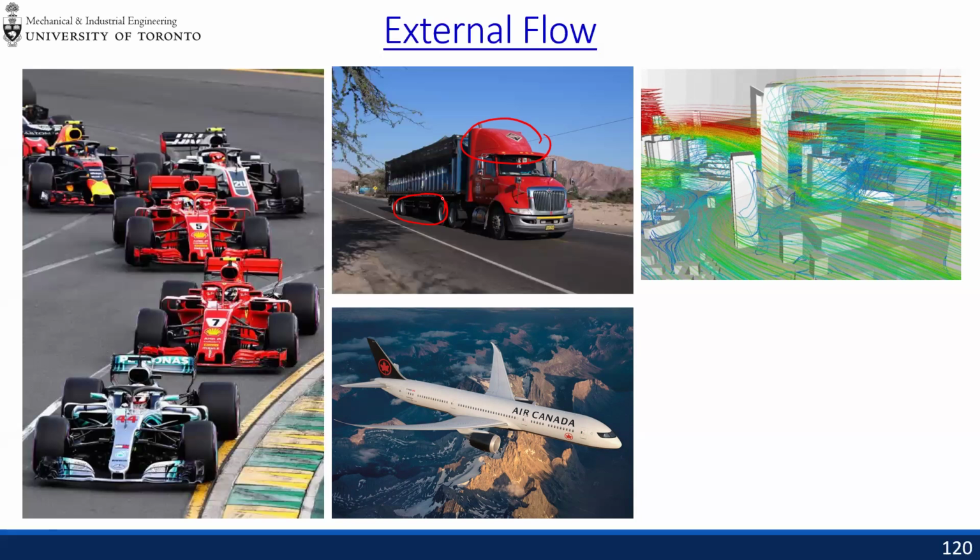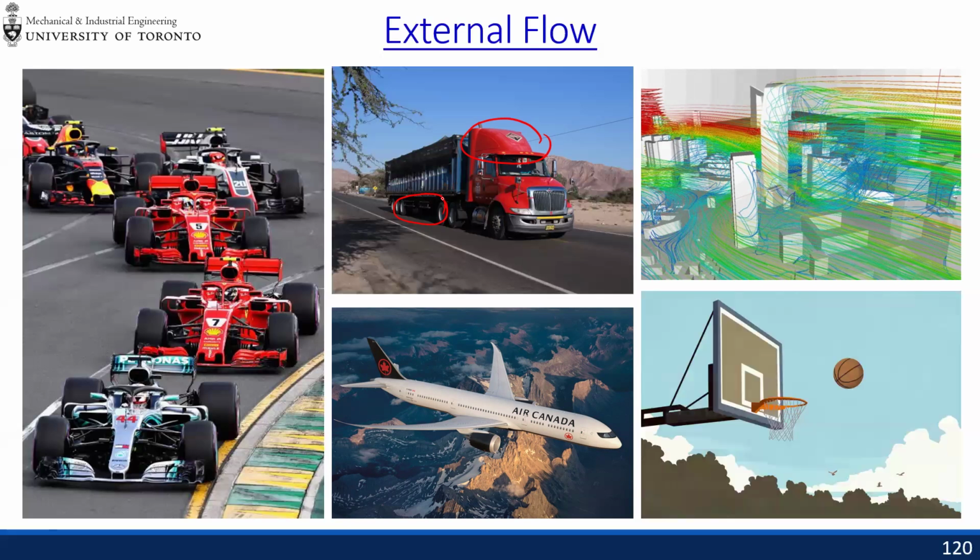You have quite complicated boundary layers because of these very three-dimensional objects, which interact with the flow, and depending on what's in front of a building, also interfere with it. Honestly, even a basketball or projectiles, bullets, can also count as external flow applications.